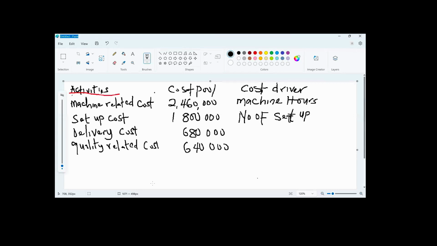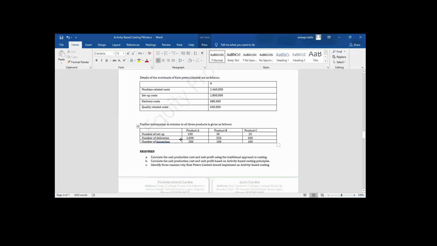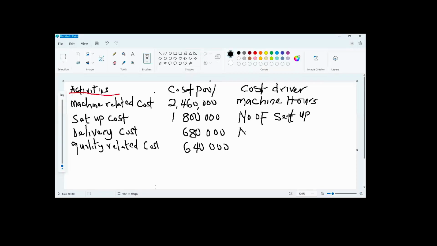Delivery cost: the number of deliveries.